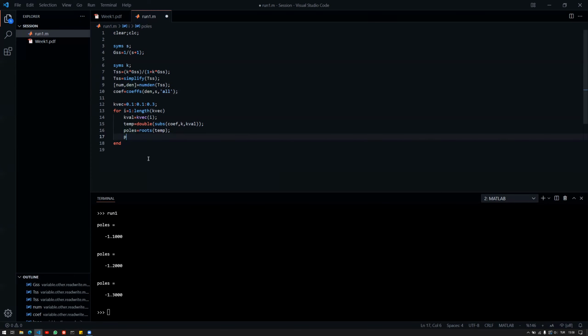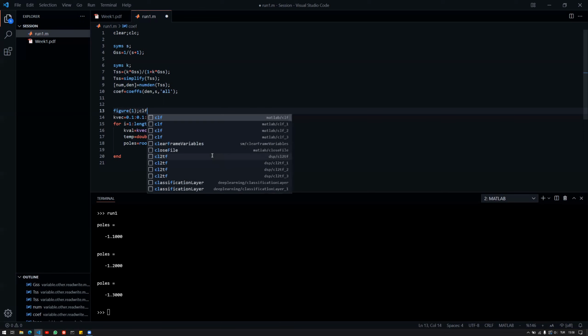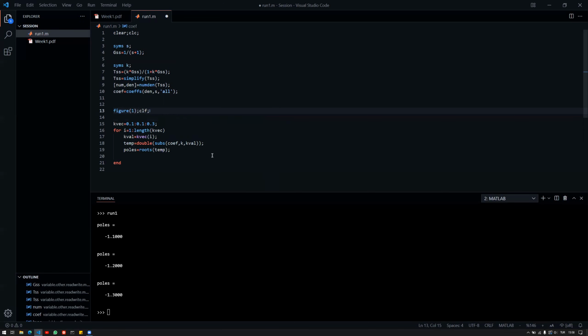Now, let's do that. Before I start this for loop, I'm going to create a figure. And throughout this course, I'm going to write this line over and over again. So I will call clf, which stands for clear figure. So I've created a figure, or I've chosen the one that's already created. It doesn't have to be always creating it from scratch.